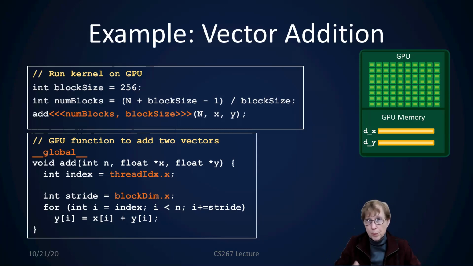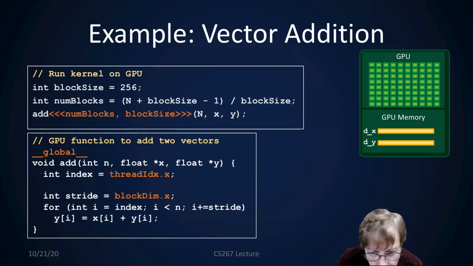You're not cycling through all these different threads. So that tends to be a number that you pick based on hardware and the efficiency, maybe the computational intensity of what you're doing, and not so much specific to the size of the problem. And then the number of blocks gets calculated based on how big your block size is.